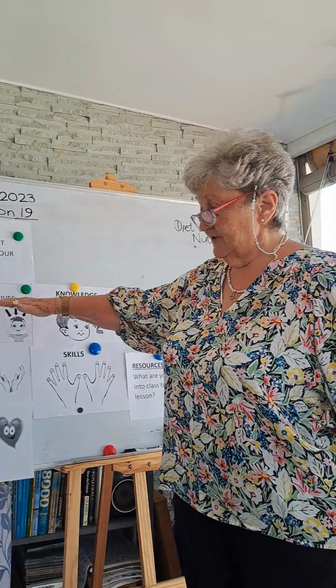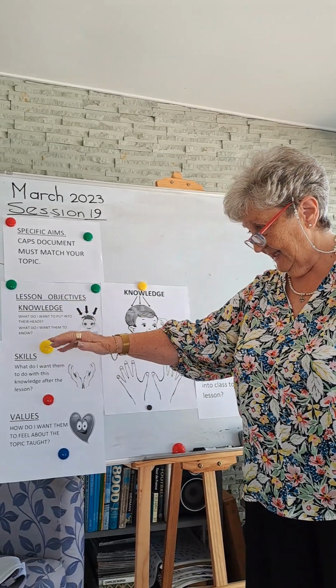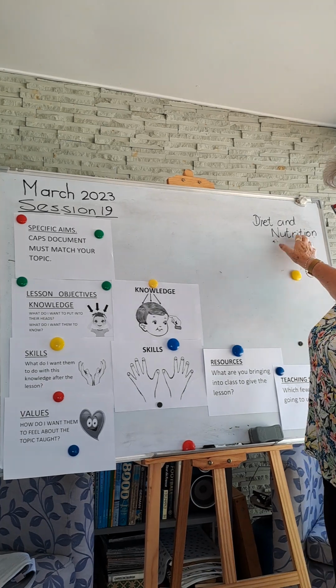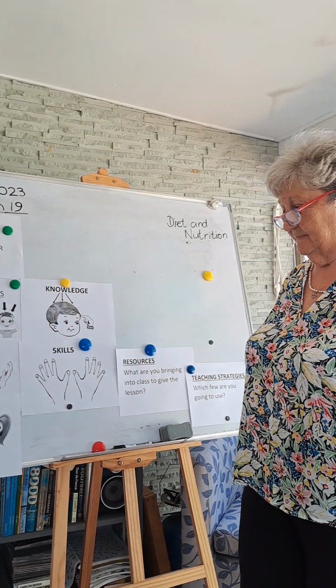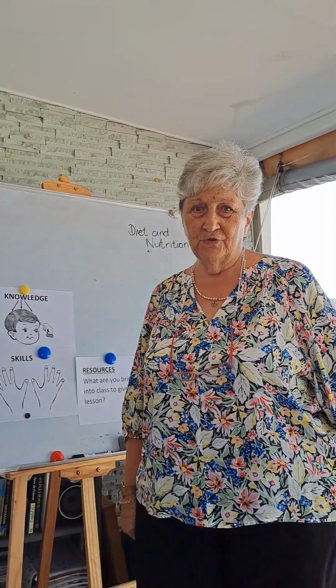Right. Now, lesson objectives, you remember, knowledge, skills, and values. Now, let's just think about diet and nutrition. What do I want these learners to know about diet and nutrition?